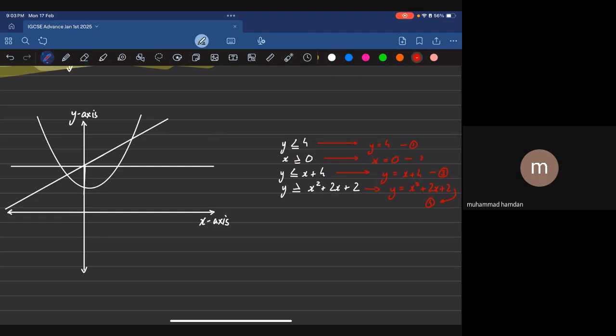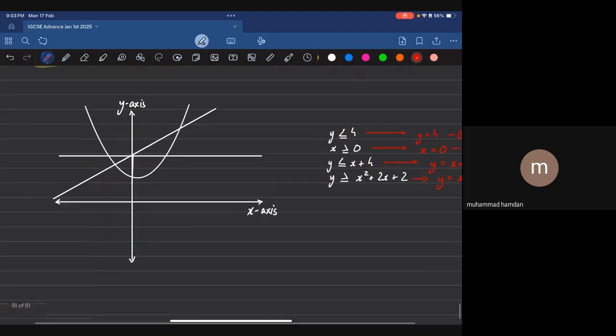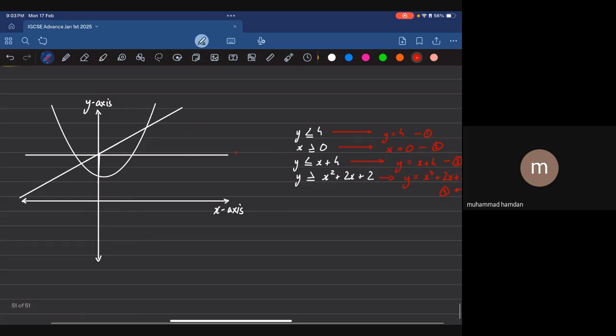First, I need to know which equation is which. So y is equal to 4 is definitely this line. So this is equation 1. Because it's a horizontal line, and even though it's not said that it is at 4, there is no other horizontal line. So obviously the only horizontal line is going to be the one y is equal to 4.